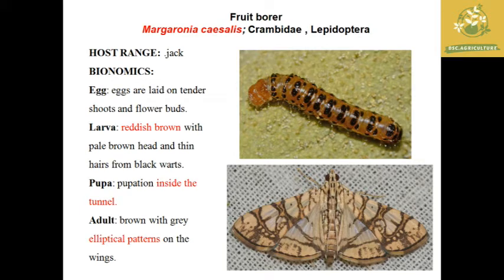The larva is reddish brown with black spots and a pale brown head. You can see and identify it in the pictures. Pupation takes place inside the tunnel, where the larva eats all the material inside the stem, which acts as a tunnel for the larva. The adult has gray brown apical patterns on the wings. These are the characteristics of the fruit borer.